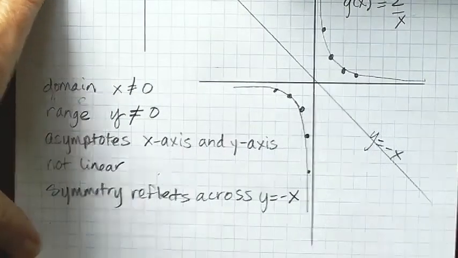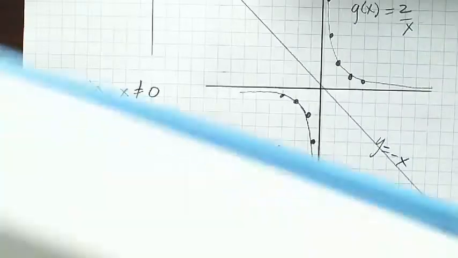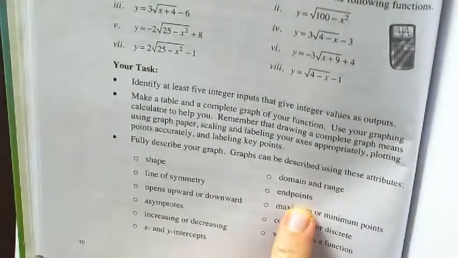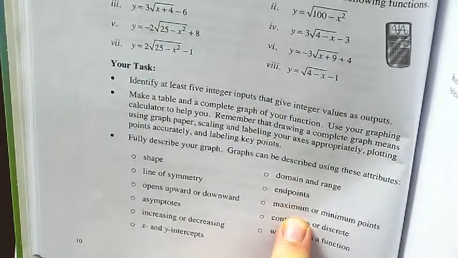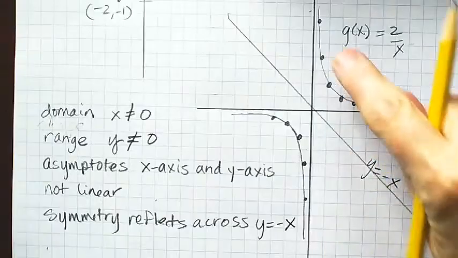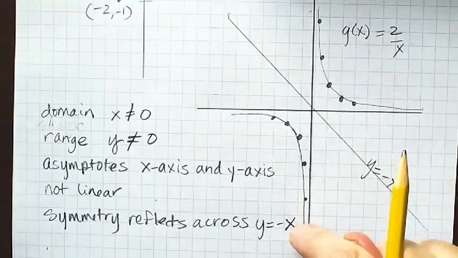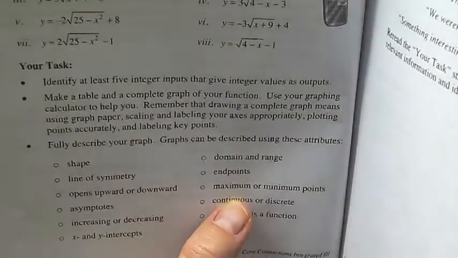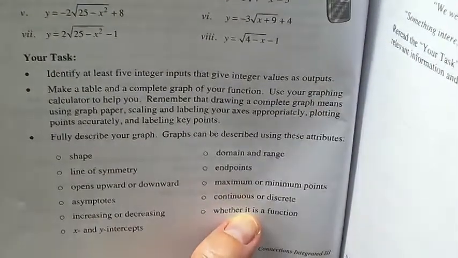Anything else? So I'm skipping over some of these because there's no endpoints. There's no maximum or minimum. It just gets bigger. And there's no max or min. Gets bigger, goes up to positive infinity, goes down to negative infinity near that asymptote.